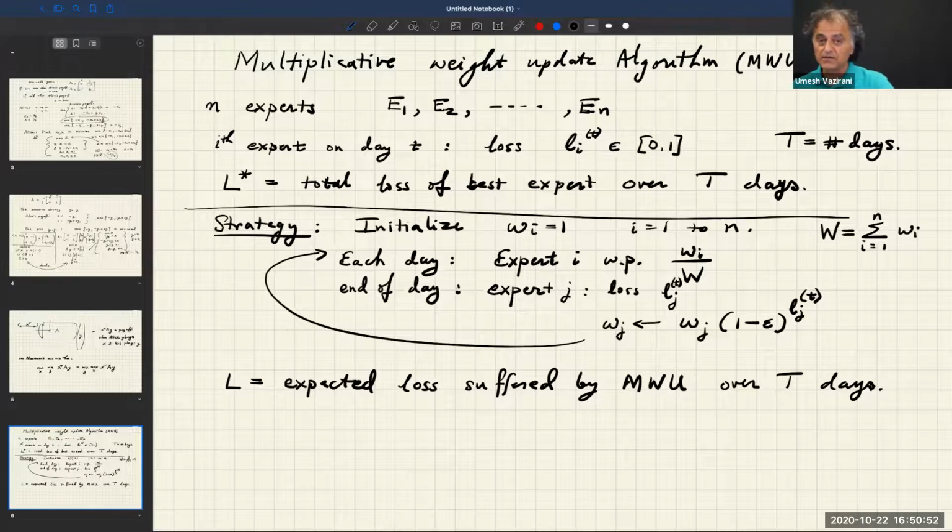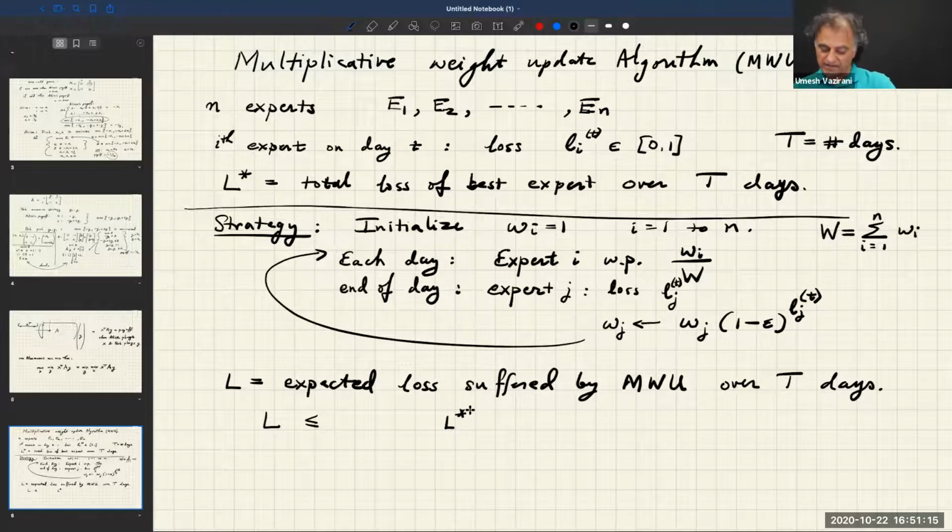Now, what would we like to be the case? Our dream theorem would be to show that L is smaller than L star. This would be great, right? If we could show this, that would be fantastic.